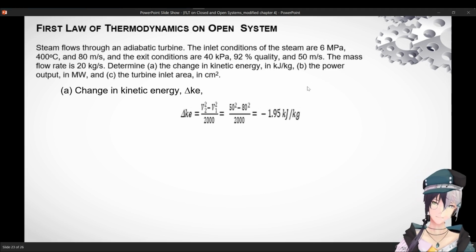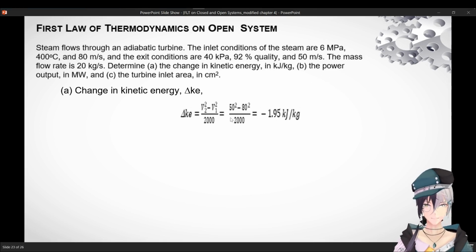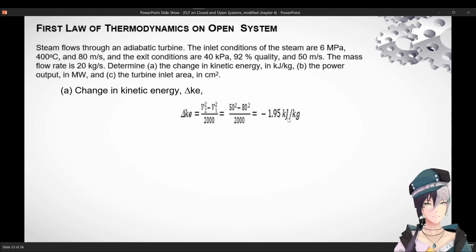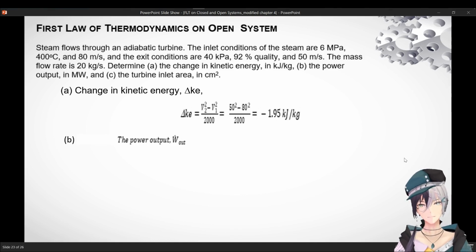Just to be clear, the formula is 1/2 mv squared, but this 2000 is just a conversion factor, so you divide by 1000. The answer is expressed in kilojoules per kilogram, so per unit mass. Velocity 2 is given and then velocity 1. Okay, so negative.